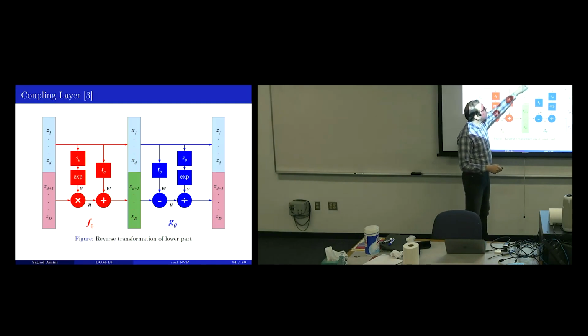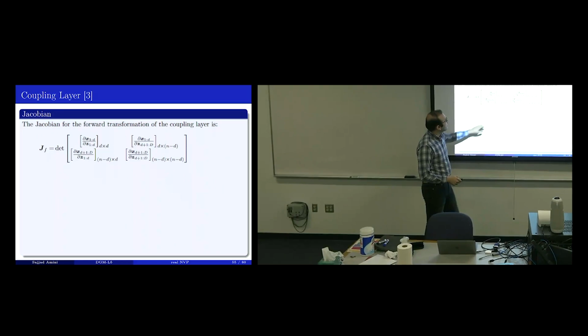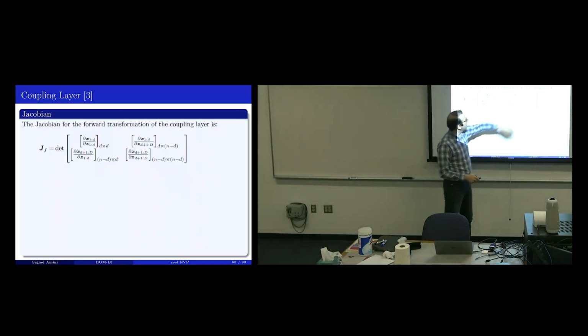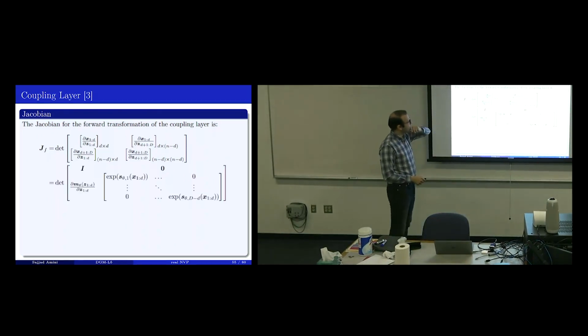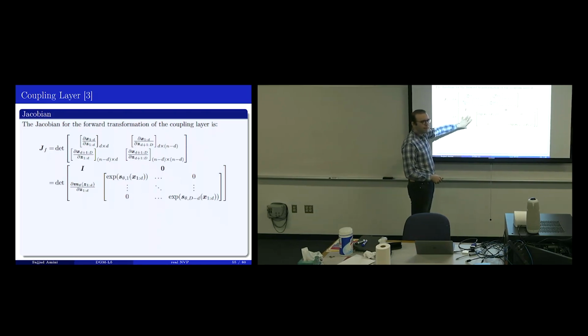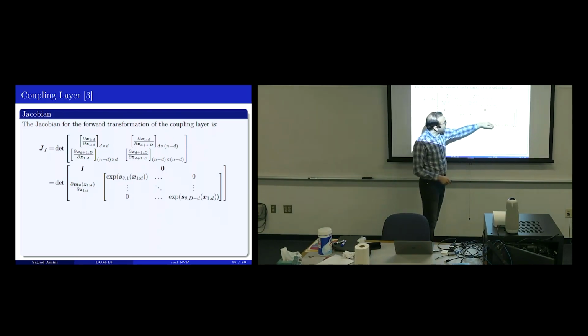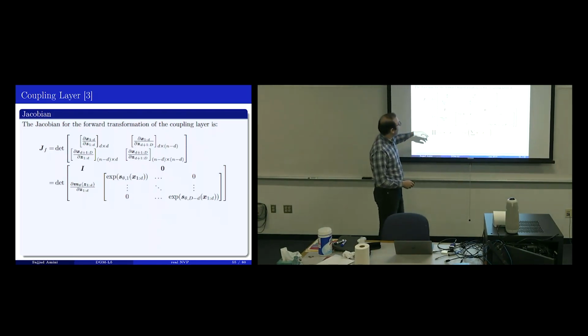This part is independent of this part, so this block is completely 0, as you can see there. This block is complex, so we put it again here, and it is not important for us. The last part is again the diagonal.